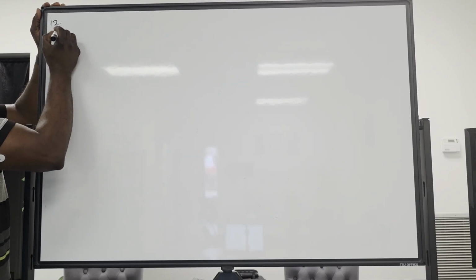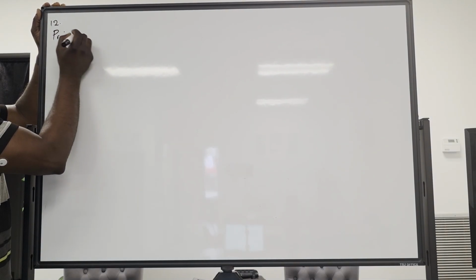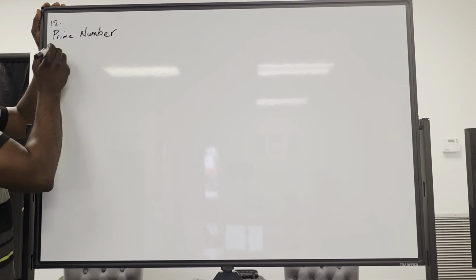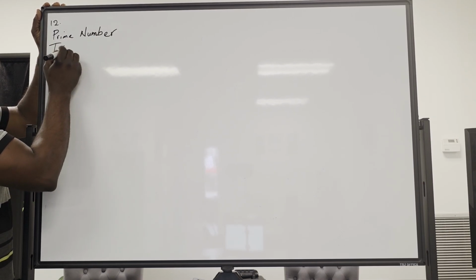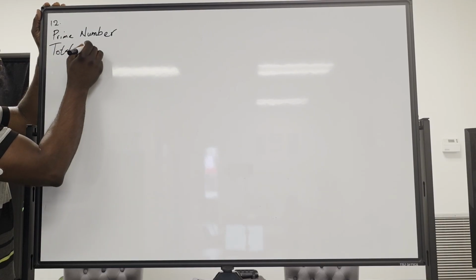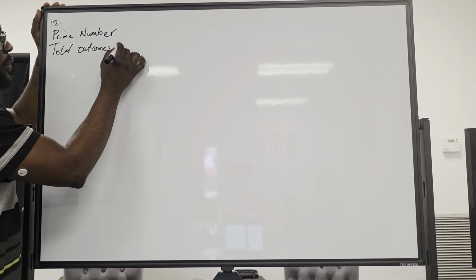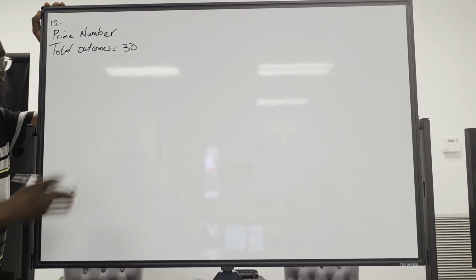So, prime number. The total outcome is 30. And I'll give the formula for this.